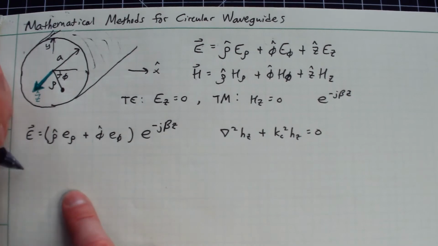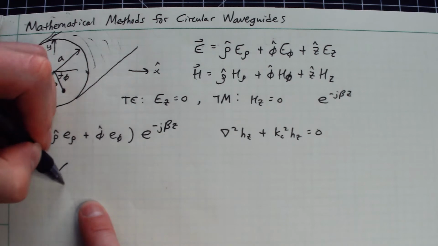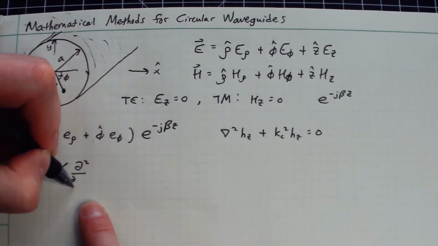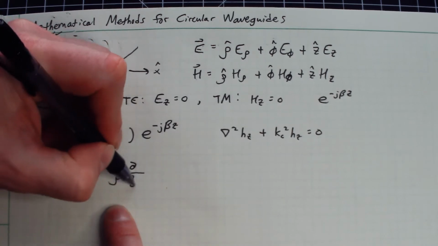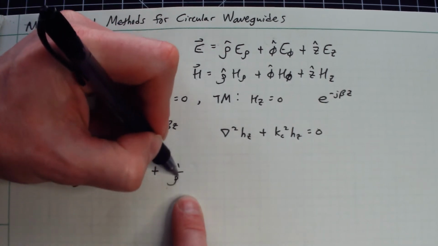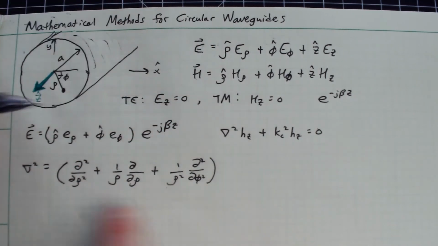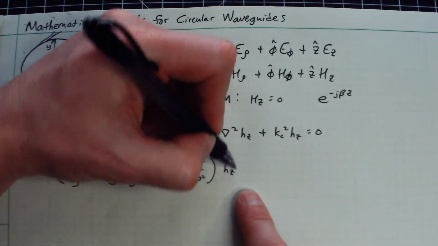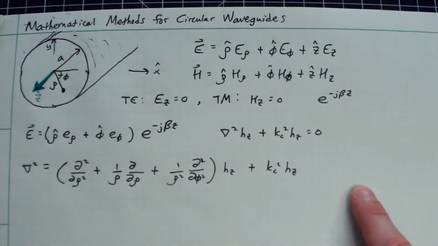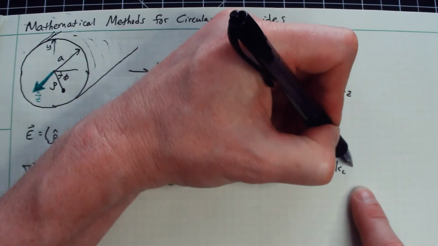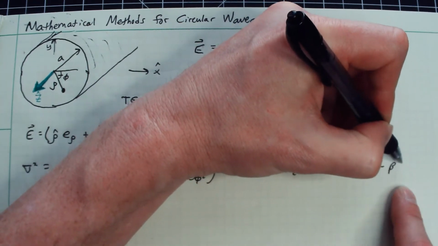This is basically a table lookup, but it looks like the following: partial squared with respect to rho squared, plus 1 over rho partial with respect to rho, plus 1 over rho squared partial squared with respect to phi squared, acting on h sub z, plus k sub c squared h sub z, where k sub c squared is k naught squared minus beta squared.